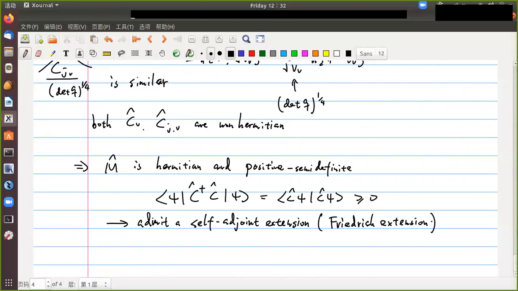I'm not sure you are familiar with this: in quantum mechanics or in functional analysis, Hermitian and self-adjoint mean two different things. Self-adjoint means that the dagger of this operator is the same as the operator, and the same means that they have the same domain of definition. Hermitian is weaker than that.